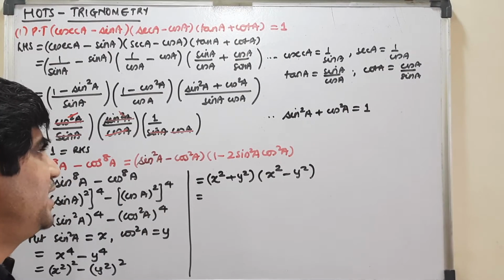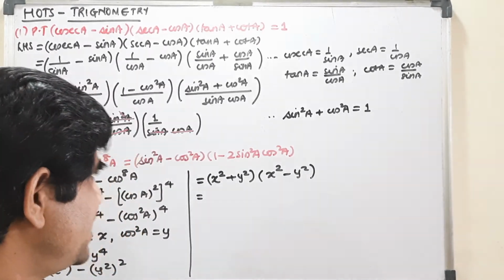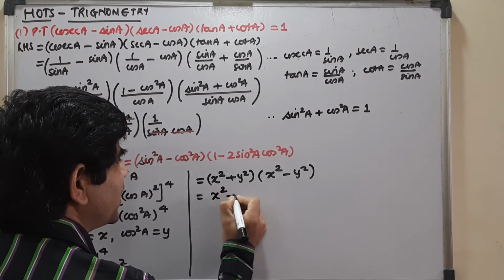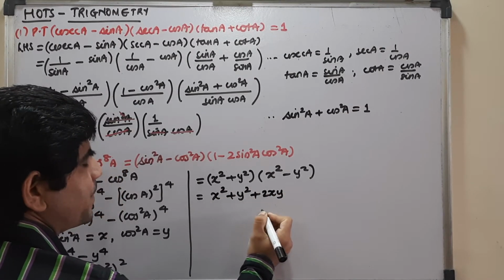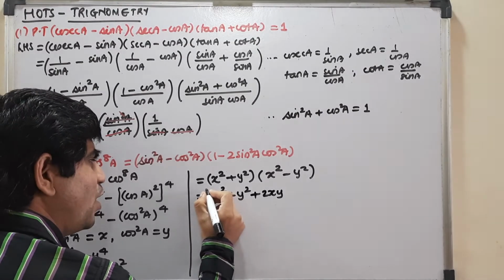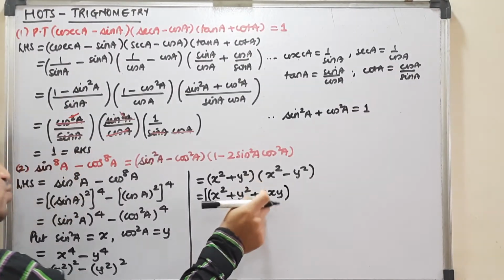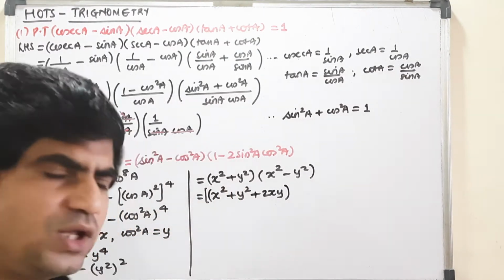That was a needed part over here, correct? If I want to make this a whole square, x square plus y square plus 2xy, it would have become a whole square, right? But this 2xy was not with me, so I have to remove it also.